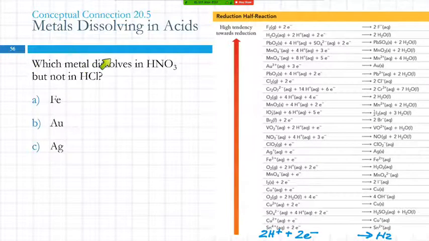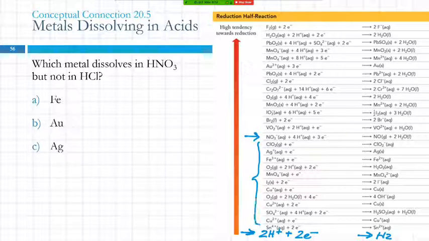Here they're asking which metal dissolves in nitric acid but not in hydrochloric acid. So this is the reaction that occurs for hydrochloric acid. And the nitric acid one is right here. So anything between these would react with nitric acid, but not with hydrochloric acid.